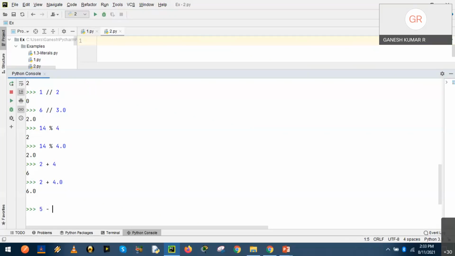Similarly, for subtraction, if any one of the input data is a float, the result will obviously be a floating point type. So far we have used the operators with all kinds of manipulations.